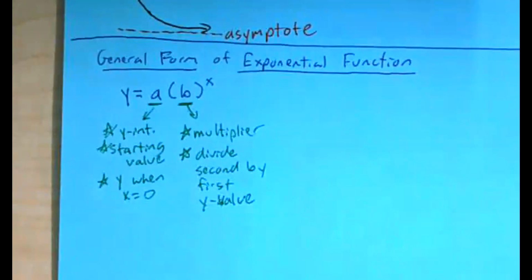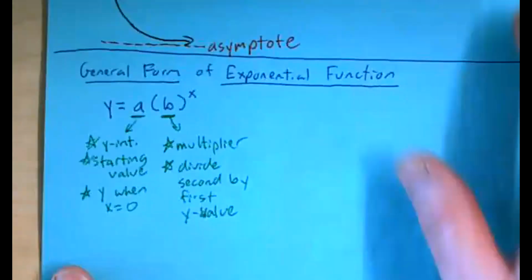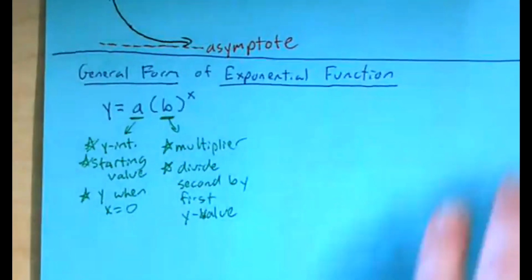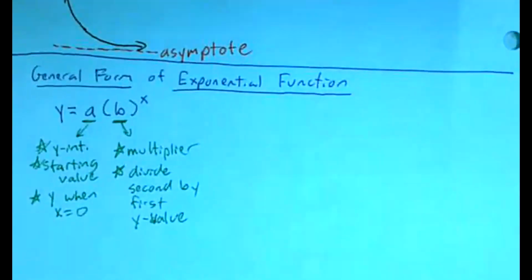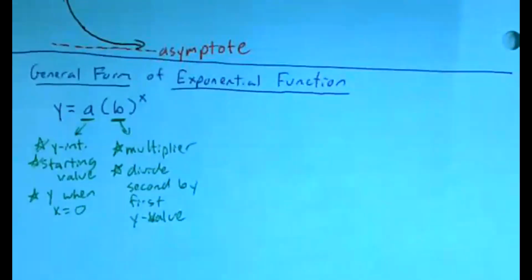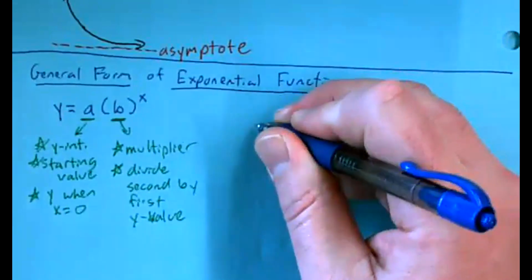Then I want us to make a good concrete example where we show all of this. So let's do an equation and a table and a graph and see if we can make some connections between them. So I want to do something kind of simple. So why don't we do the equation? I'm just going to make something up here. Y equals 2 times 3 to the x.